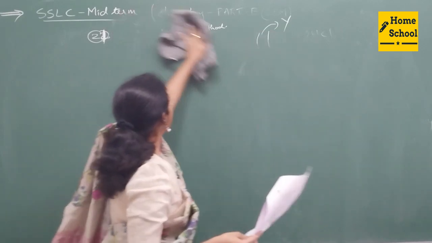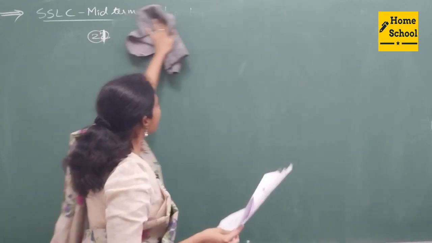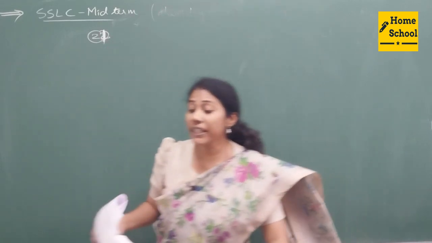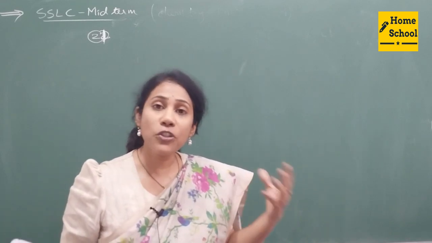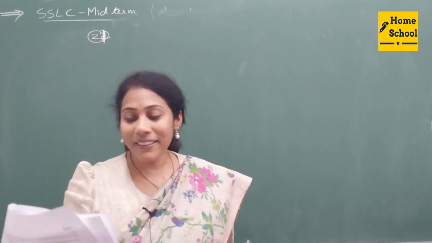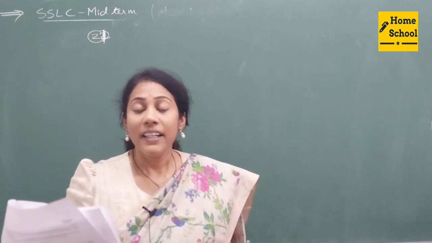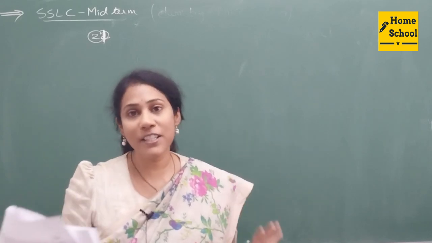Don't blame the difficulty of the paper. You have to realize yourself that you need to improve your level. You should work on improving your level instead of blaming the question paper and blaming the board, right? See, this is a clue for us, a clue about the final exam, how it is going to be.